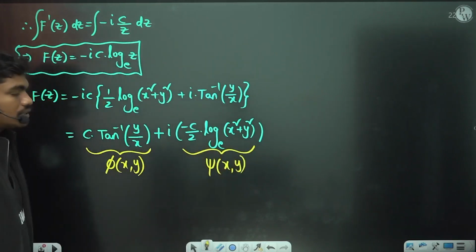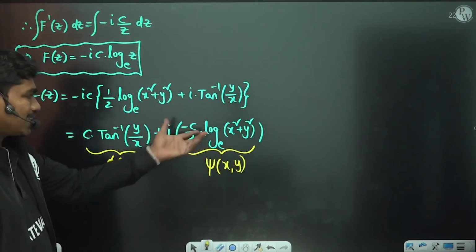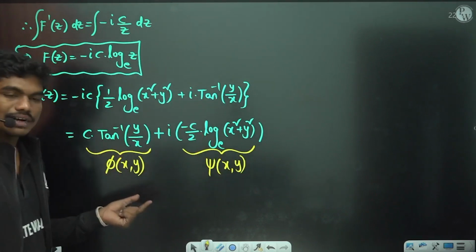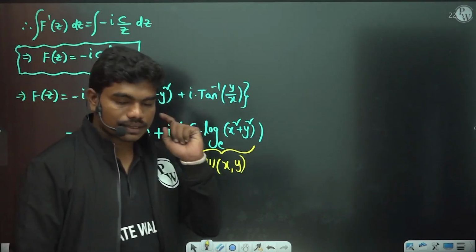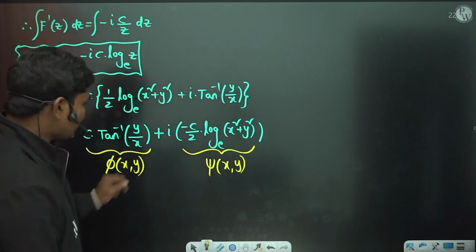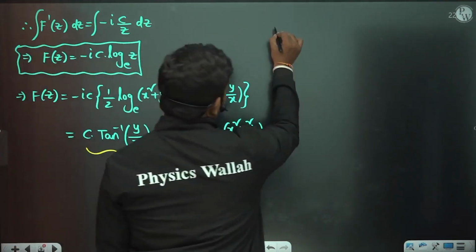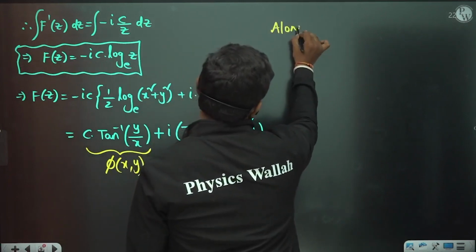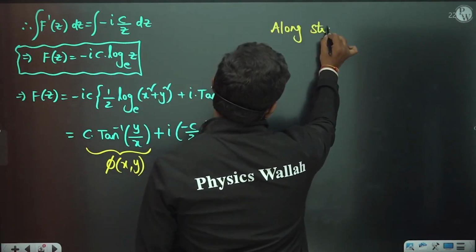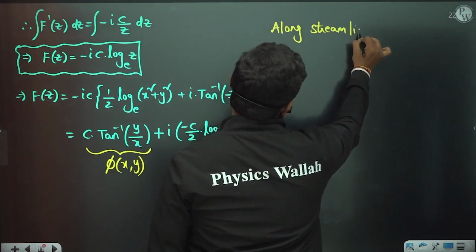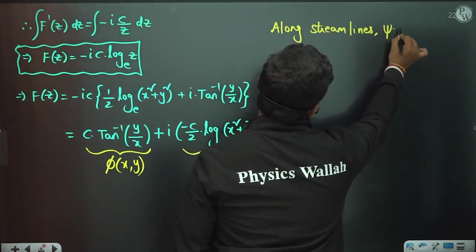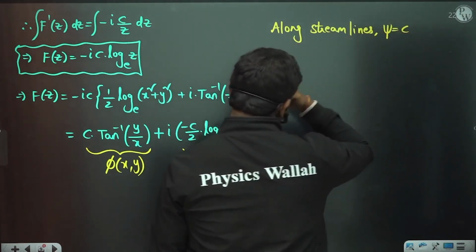Now if you try to plot these equations, we have plotted them already in the case of source and sink concepts. So you got the same thing. Psi is equal to constant along streamlines. Okay, so along the streamlines psi is equal to constant.